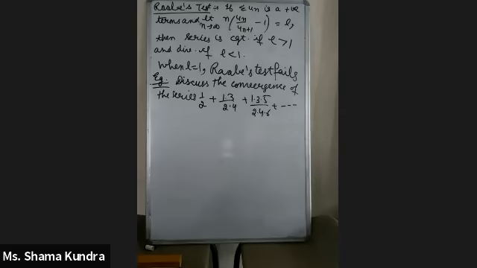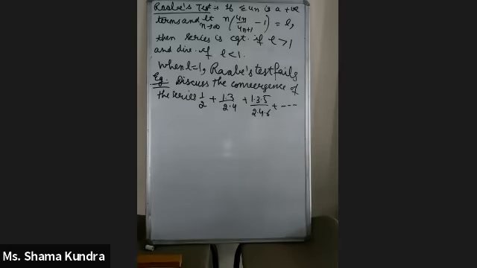Clearly, it is an increasing multiple series. In U1 we have one term, in U2 we have two terms, in U3 we have three terms, for Un we have n terms.